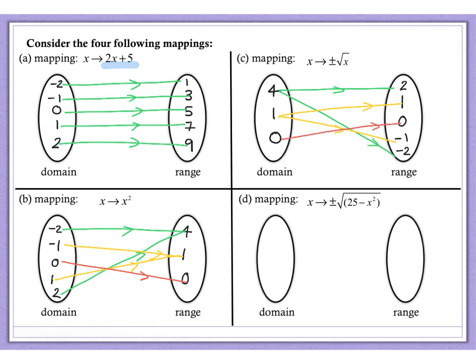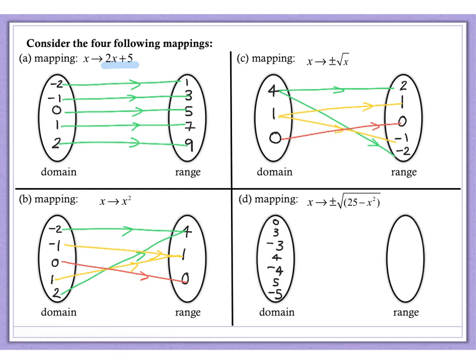And in our last mapping, a slightly more complex example, the rule is x is mapped to plus or minus the square root of 25 take away x squared. So the input items in the domain are going to be as follows: 0, 3, -3, 4, -4, 5 and -5.